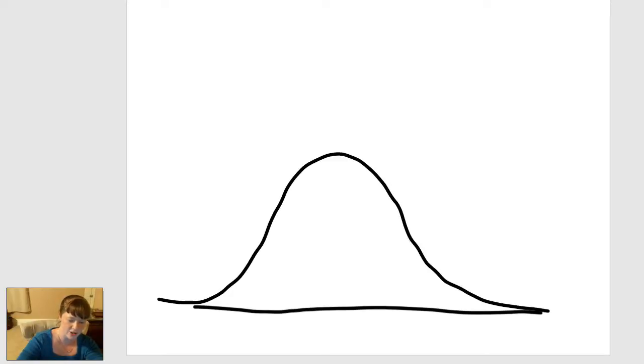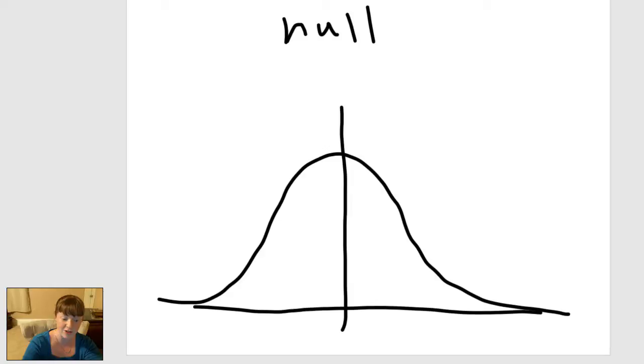So according to the central limit theorem, an infinite number of averages will have this pretty bell-shaped curve, right? Also, according to the central limit theorem, the average of all the averages will be equal to the population average. Well, this is the null hypothesis sampling distribution. And the null hypothesis said that the average would be 21. So I'm going to center this infinite number of sample averages on 21.